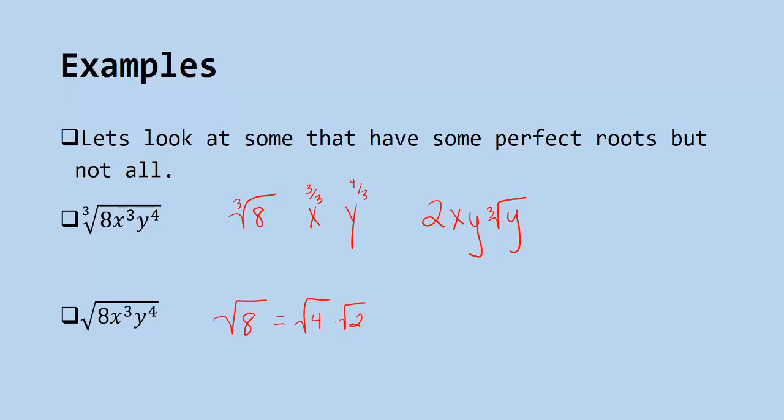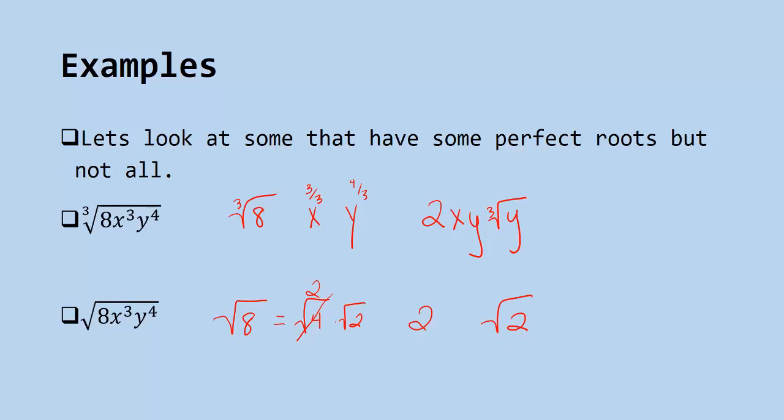Remember our properties, you can multiply what's underneath the radical signs together, or you can break them up. You can go either direction. So square root 4 times square root 2 is equal to square root 8. Square root 4 is perfect. That gets me 2. So the square root 8 has become 2 with a leftover 2 underneath the square root symbol.